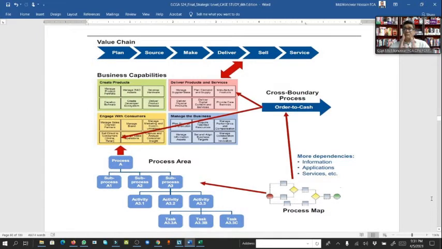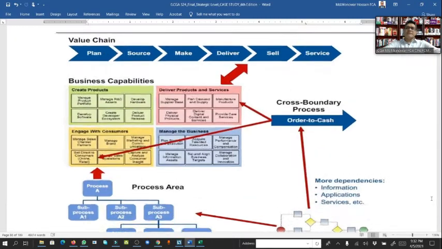Sometimes we need the plan, and within the resources we make it for the organization's vision and mission, how to achieve that, and deliver the product or service, and then sell it, and that can be service also.